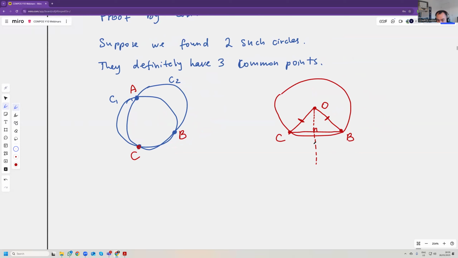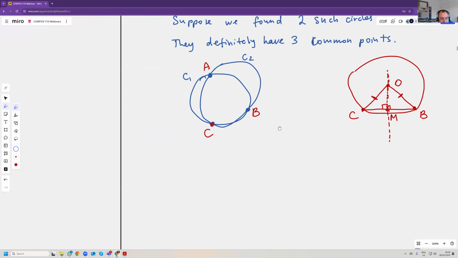So we know that this line is the perpendicular bisector. It is perpendicular. It bisects CB. So OM is the median, the height, and the angle bisector. Right. So this comes from the property that we have just proven.